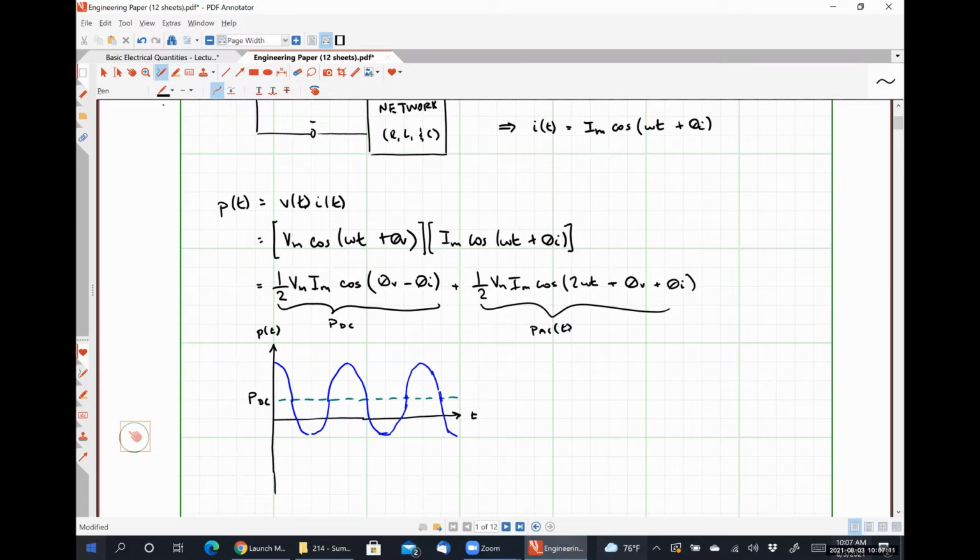So we have these two signals added to each other, giving us the instantaneous power.